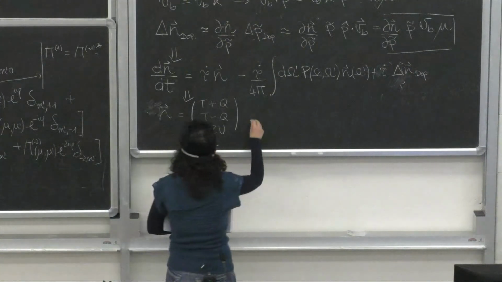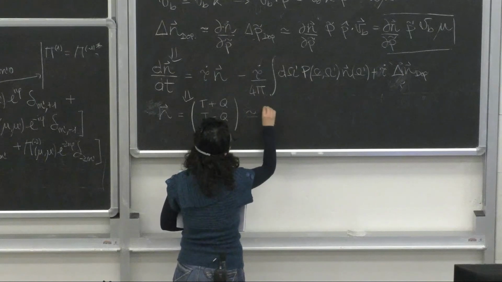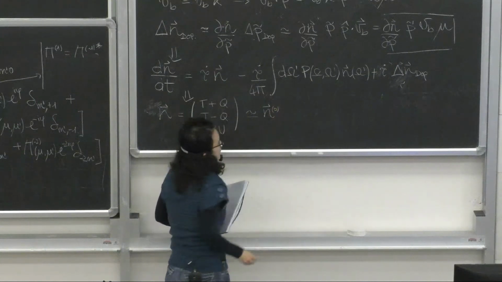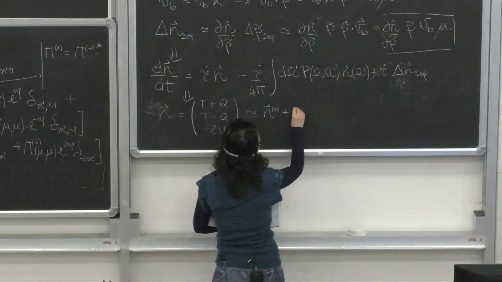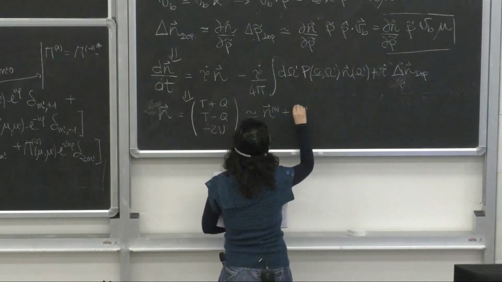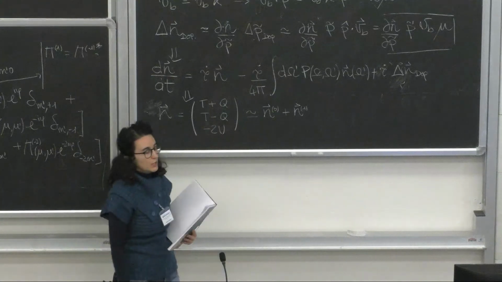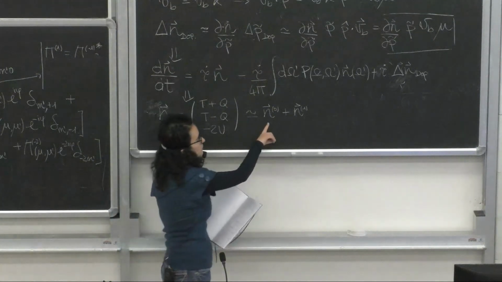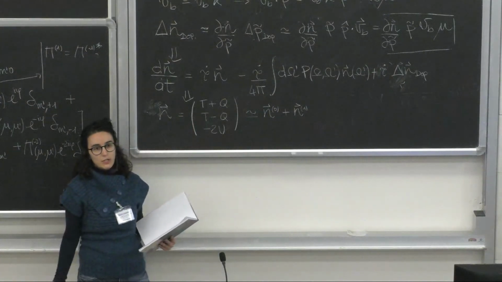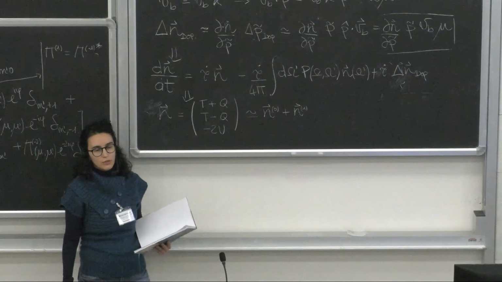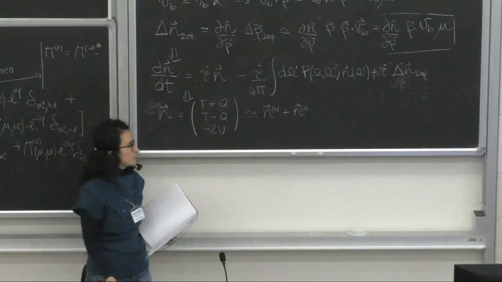So if we write N as the sum of an equilibrium term or unperturbed term plus the perturbation, then it's easy to convince you that this N0 doesn't have polarization, because we saw that polarization is sourced because of perturbations.